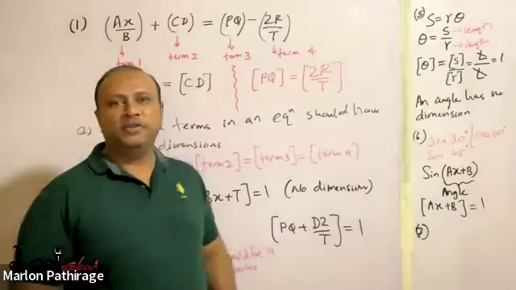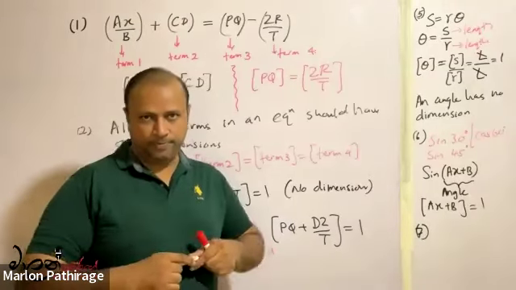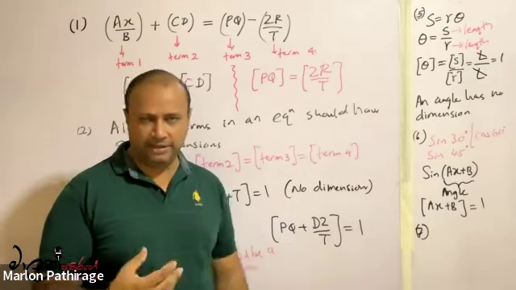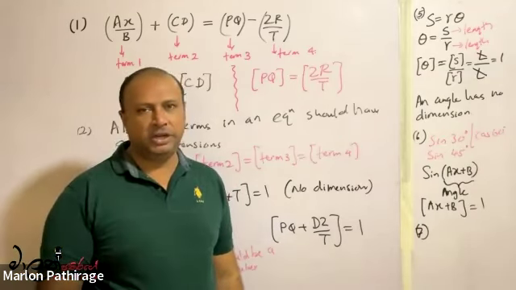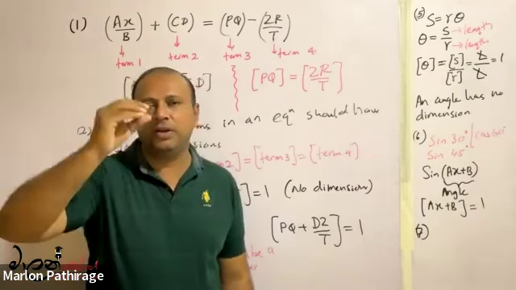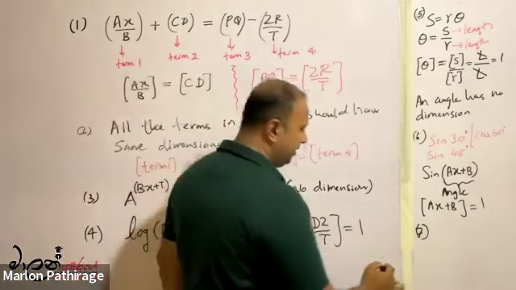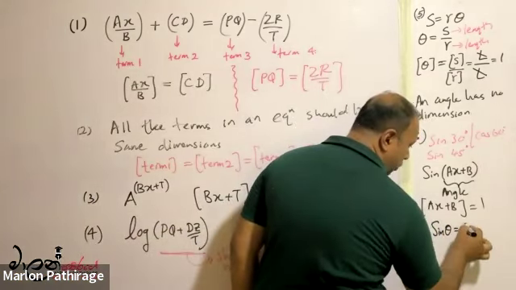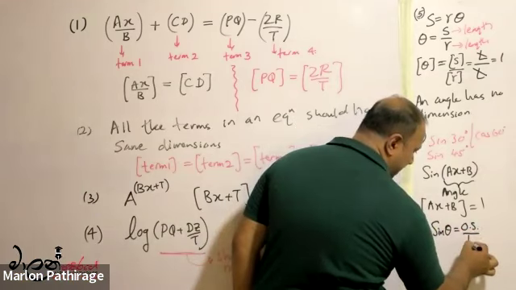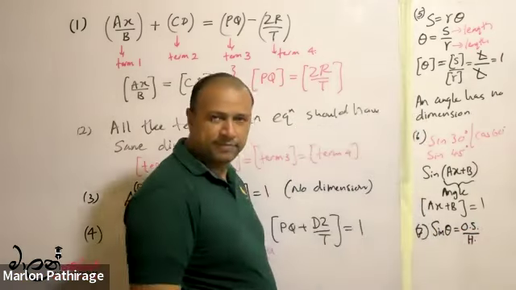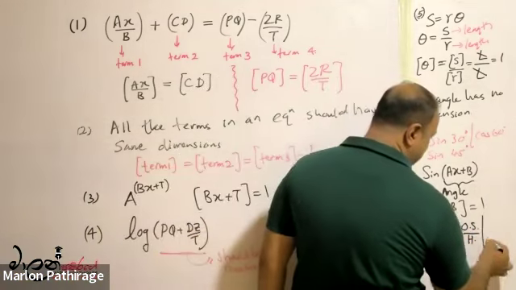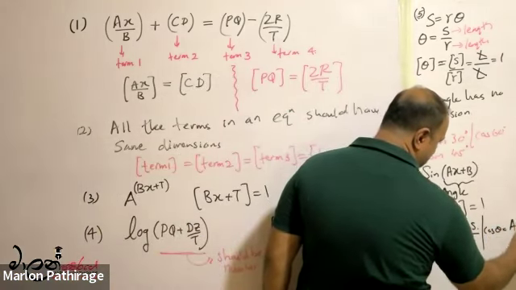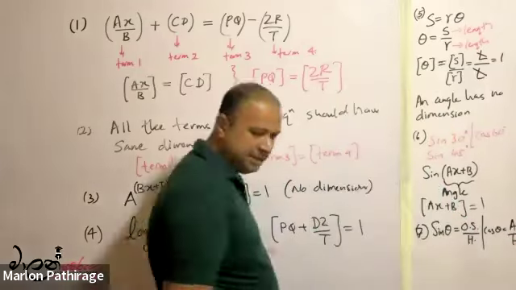If we consider a trigonometric function, a trigonometric ratio, sine theta or cos theta or tan theta or anything, a trigonometric ratio means it is a ratio between two lengths. Sine theta means it is opposite side over hypotenuse. Cos theta means adjacent side over hypotenuse.